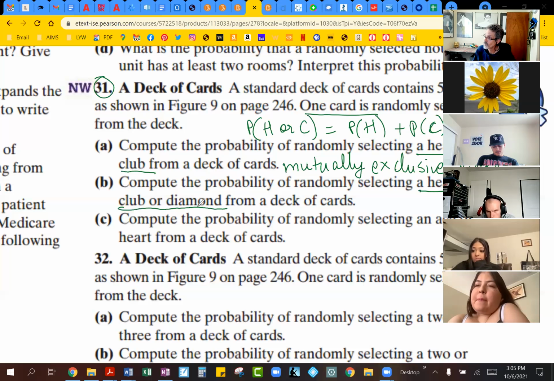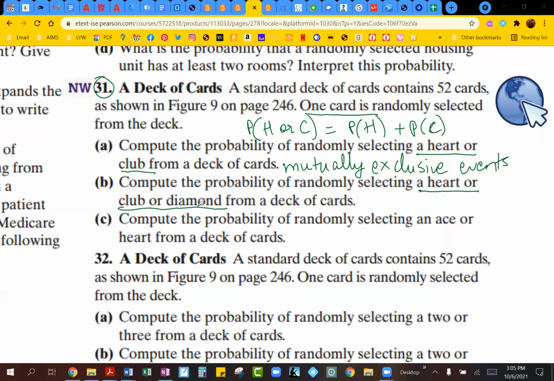Mutually exclusive. Yeah, so these guys are also mutually exclusive because the diamond is also a suit of cards, right? So there's going to be no overlap in these events either. It's honestly just an extension of part A. They're just bringing in the suit of diamonds in here. So these are also mutually exclusive events.